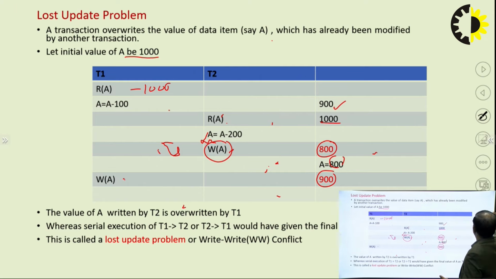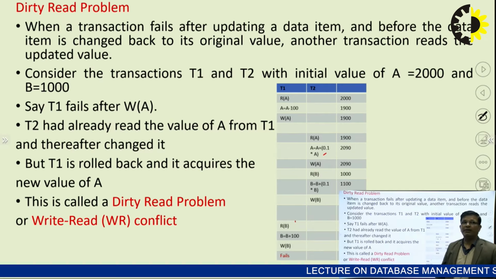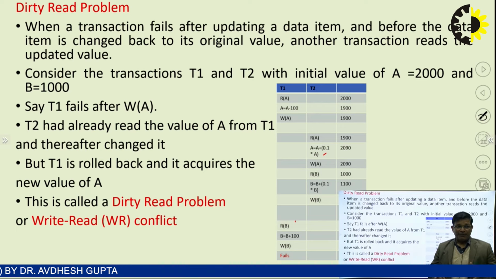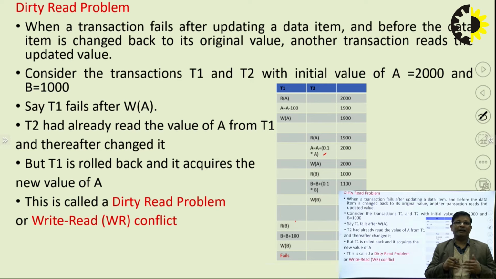Next issue. This is the case of the dirty read problem. What is the dirty read problem? If one transaction has written the value of A and another transaction reads that value, and then the first transaction changes the value and rolls back, what happens here is a dirty read.